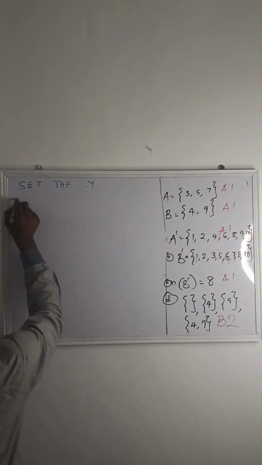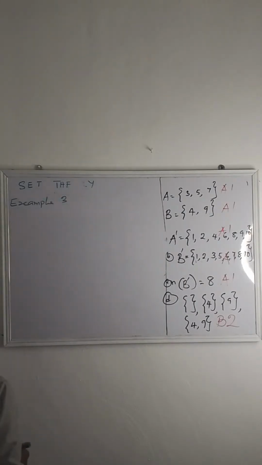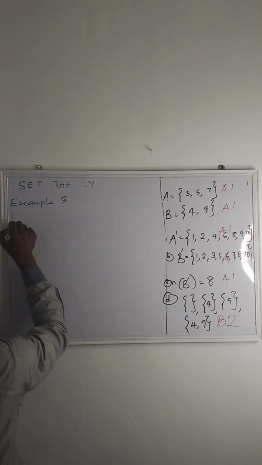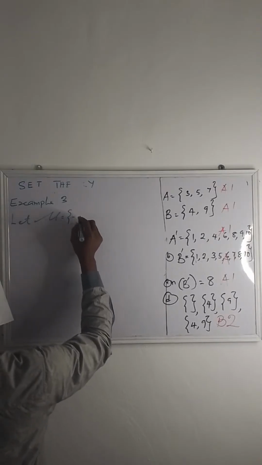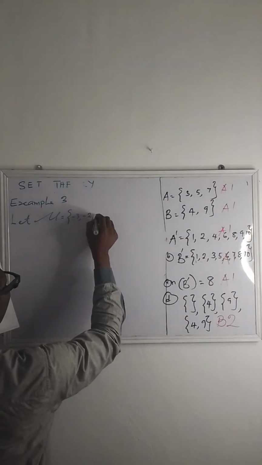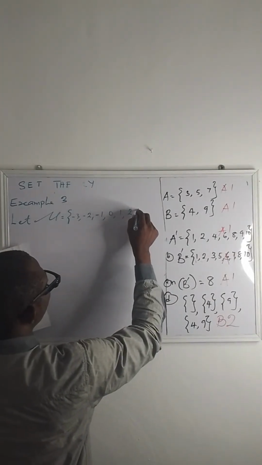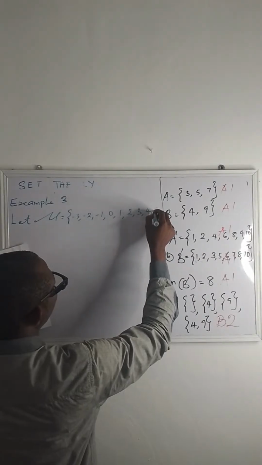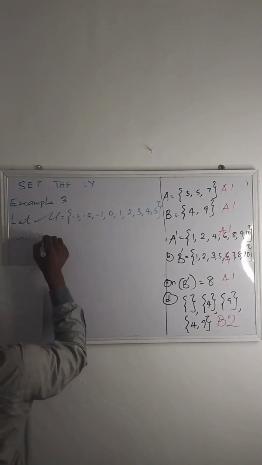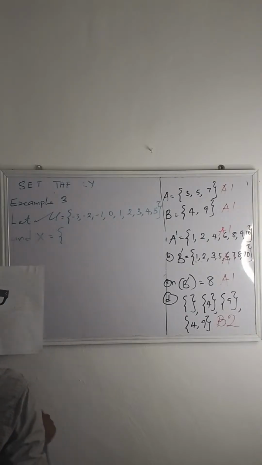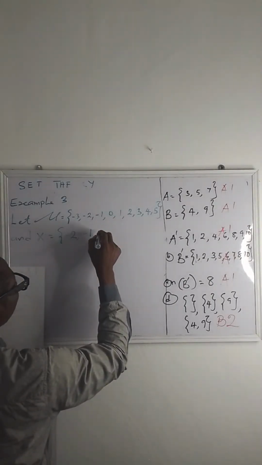Example 3. Now let U be the set of -3, -2, -1, 0, 1, 2, 3, 4, and 5. And X is the set of -2, -1, 0, 1.